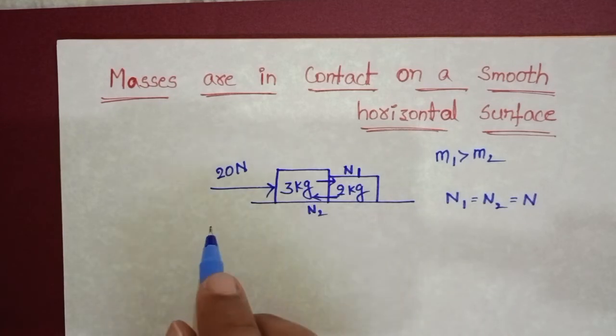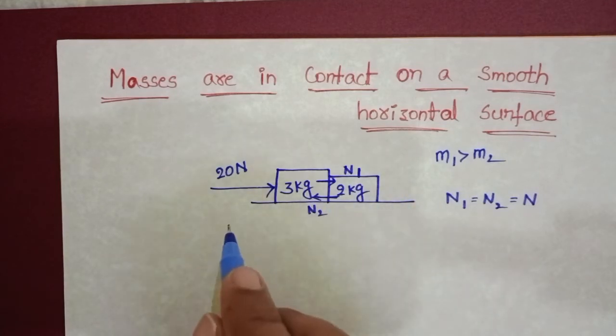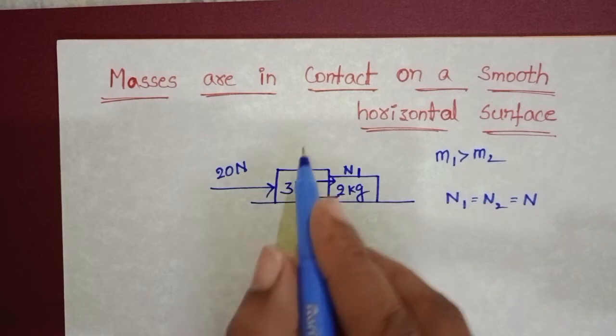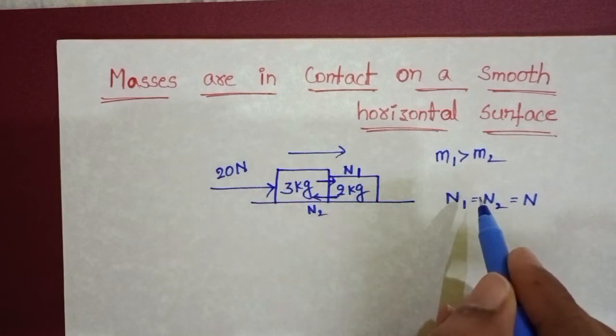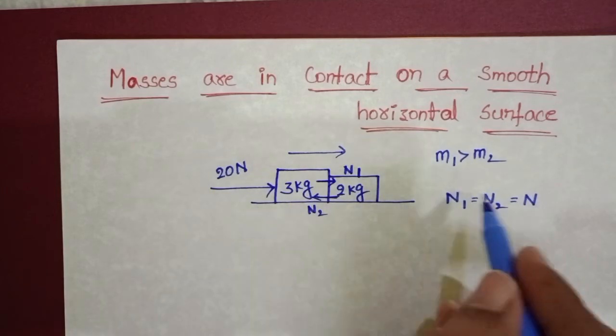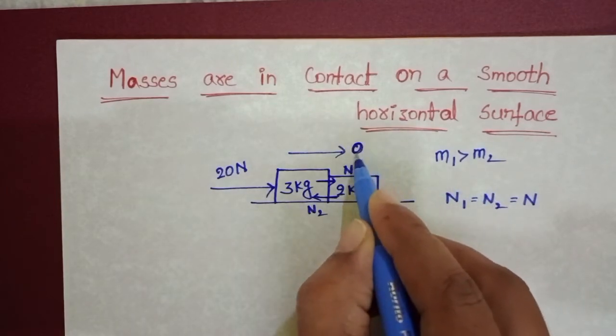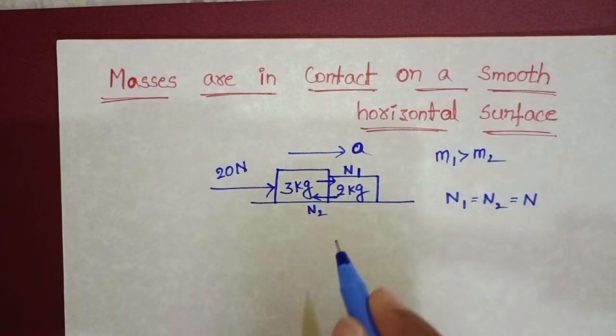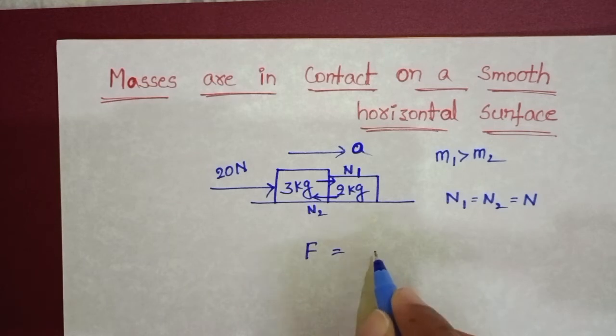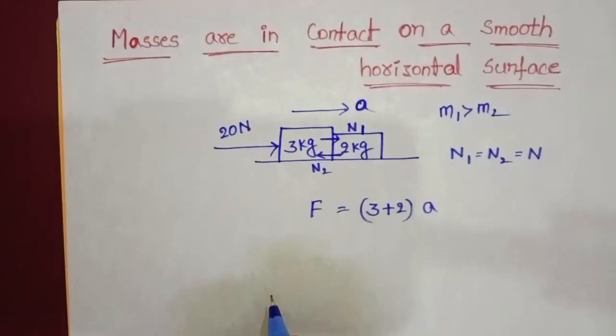Now first find out the acceleration of the system. These two masses are moving in the direction of the applied force. That means the acceleration of the system is in the same direction as the applied force. Let it be A. We know net force is equal to mass of the system into acceleration.